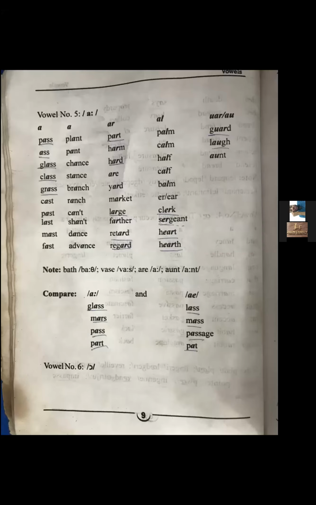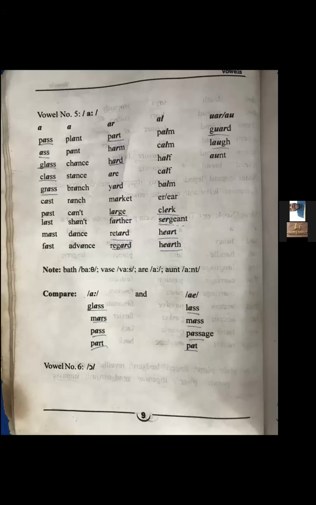Examples: pass, ass, glass, class, grass, casts, past, last, must, fast.